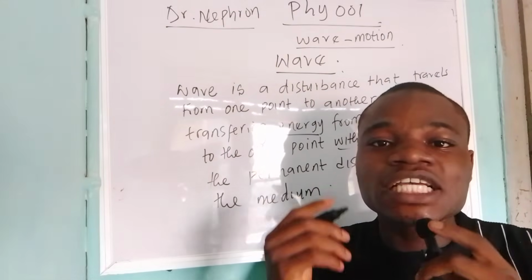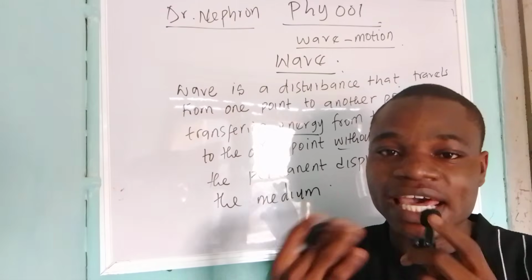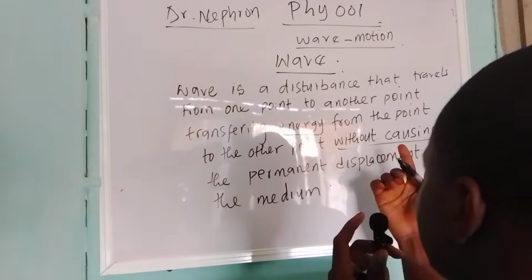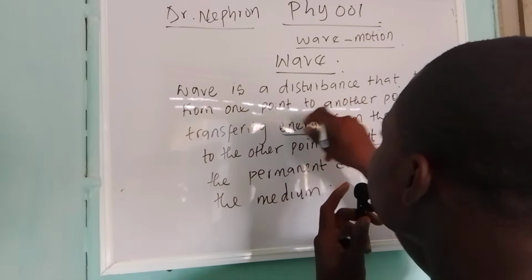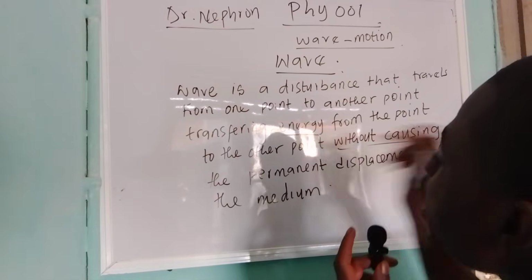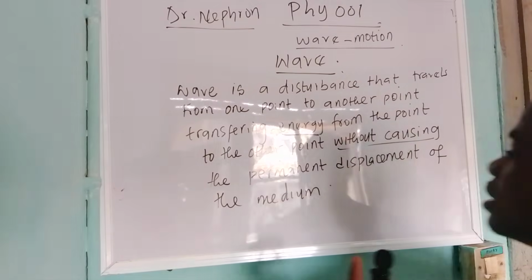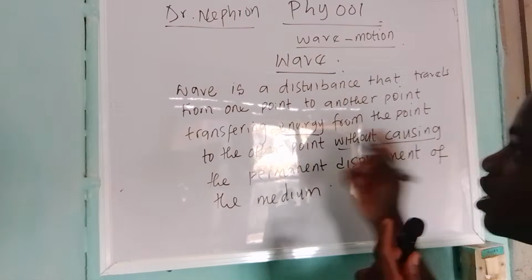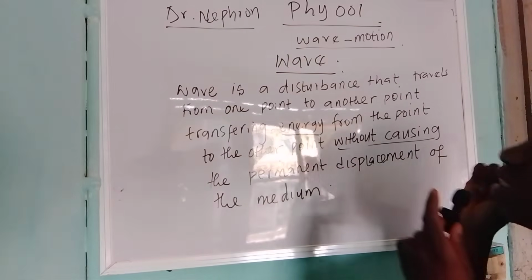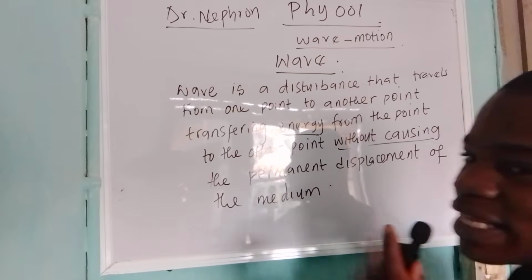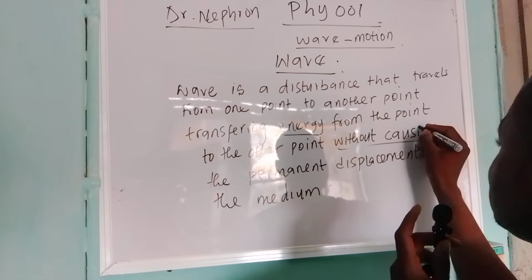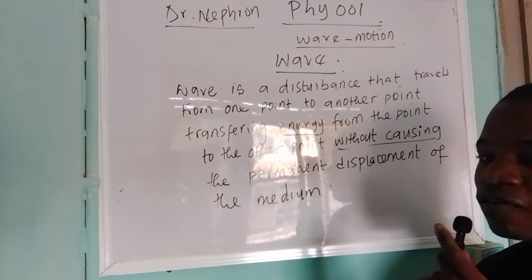So I can define it again as: a wave is a disturbance that travels from one point to another point, transferring energy in the form of kinetic energy, without causing the permanent displacement of the medium.